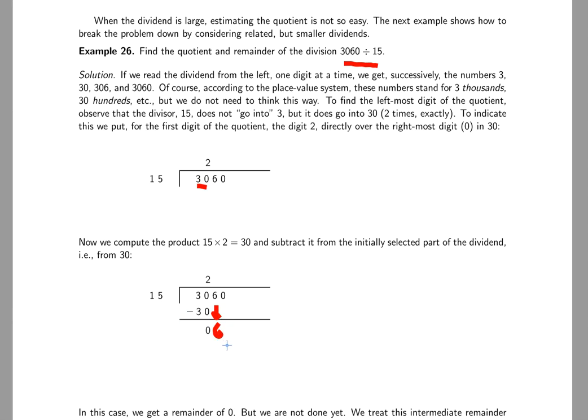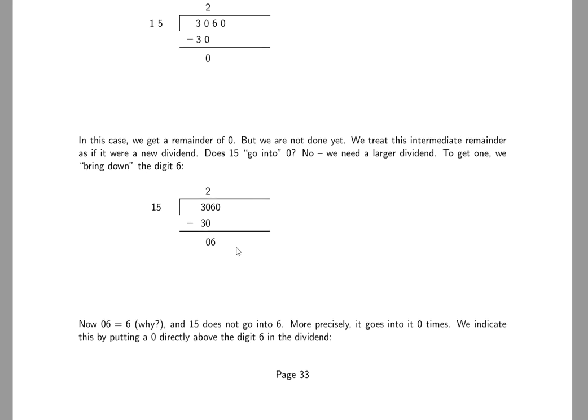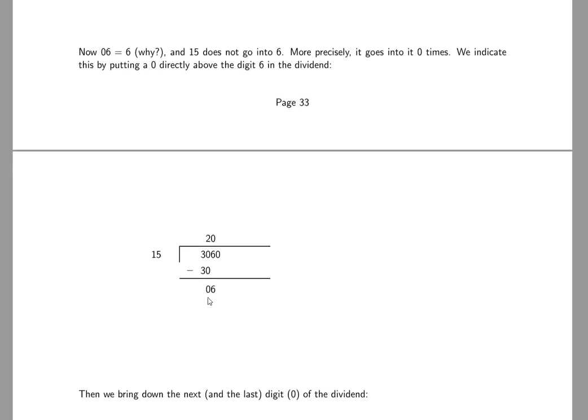How many times does 15 go into 6? 0 times. So we have to put a 0 over the 6. It's clearer here: 15 goes into 6 0 times, so we need that 0.